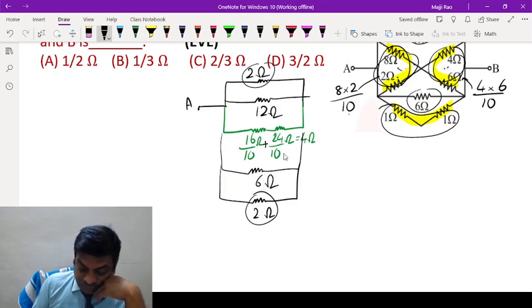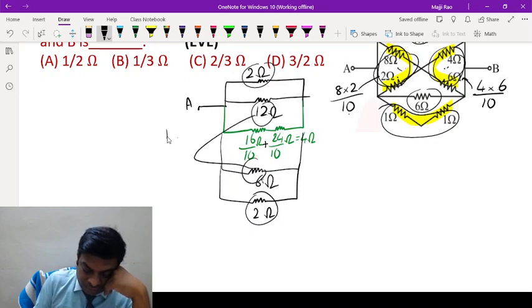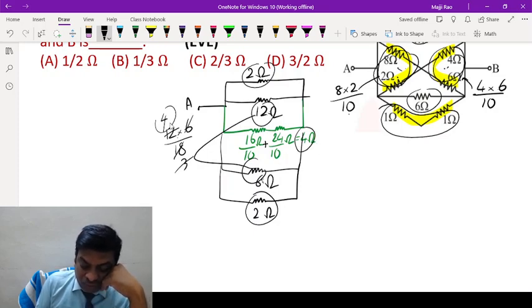Then 12 and 6 in parallel will give you 12 into 6 upon 12 plus 6, which is 4. Now this 4 ohm and 4 ohm are in parallel, so they will give you 2 ohm. These 2 and 2 will give you 1 ohm.